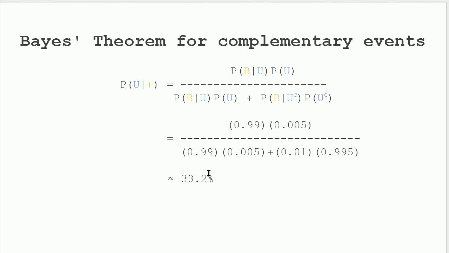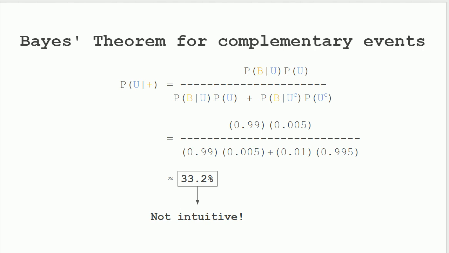So if you have a positive test, that doesn't definitively mean that you are a user. That's what this means, okay? And it's a very small number compared to what you would want it to be. You would hope that given a positive test, and it was a very, very good test, then 100% of the time it would mean that you were a user. But it doesn't. And so this is not intuitive, okay?